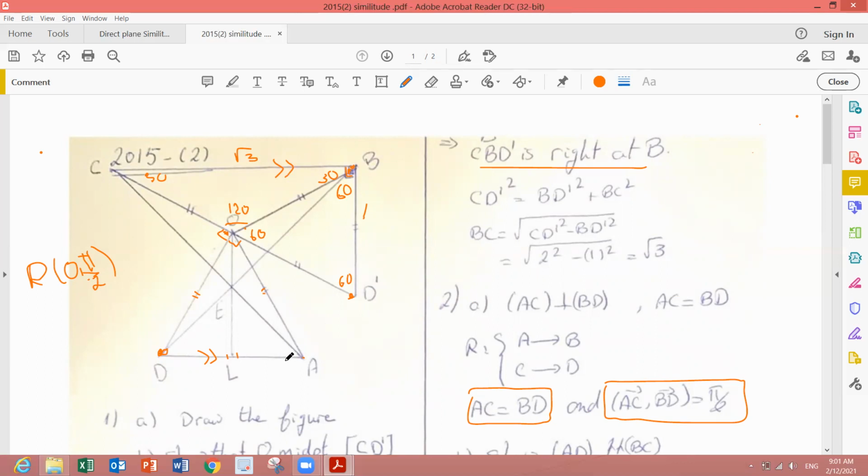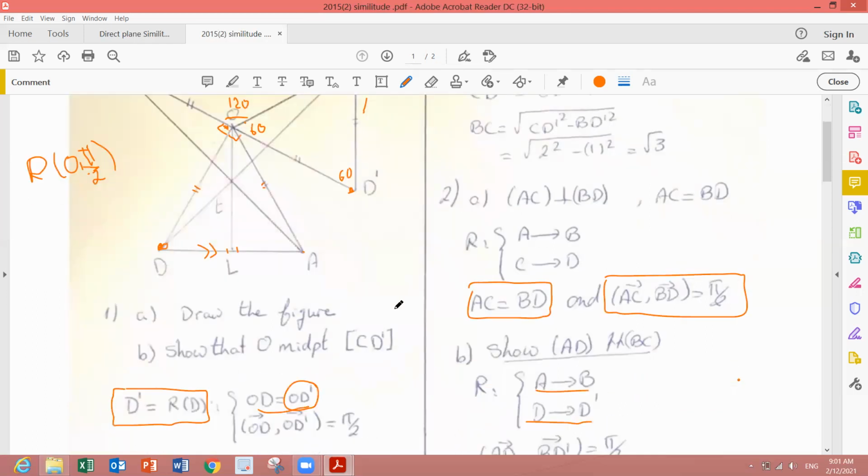Yes? This is from grade 9 geometry. Thales property. Okay?